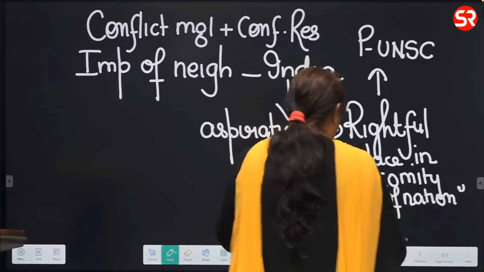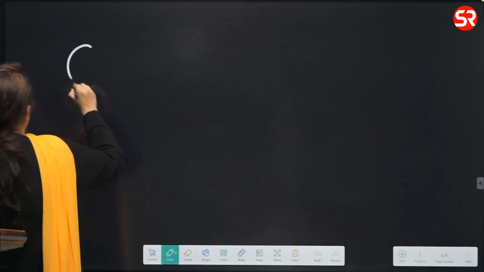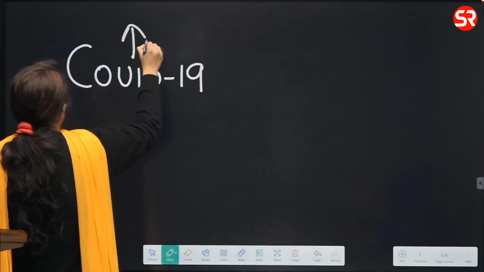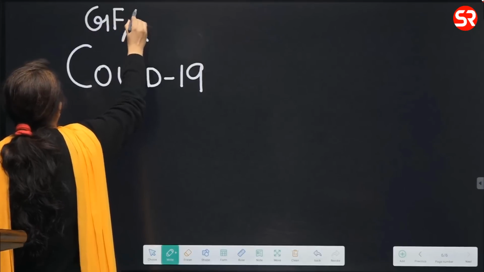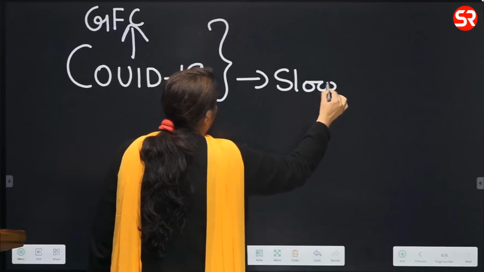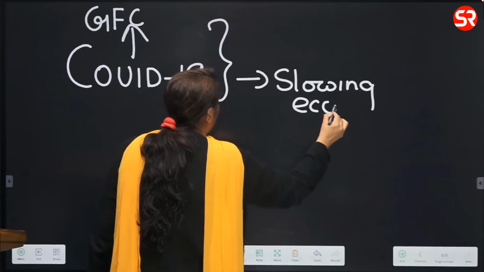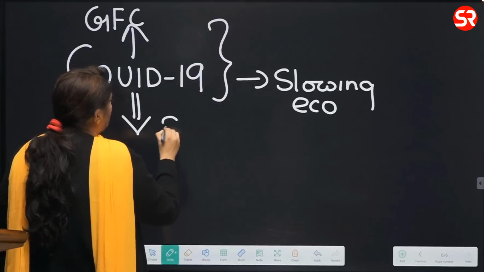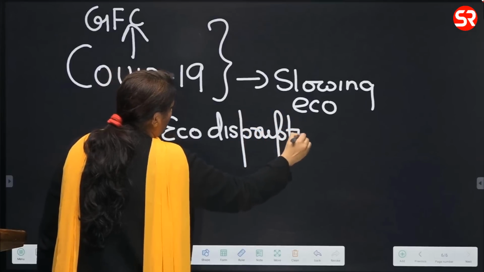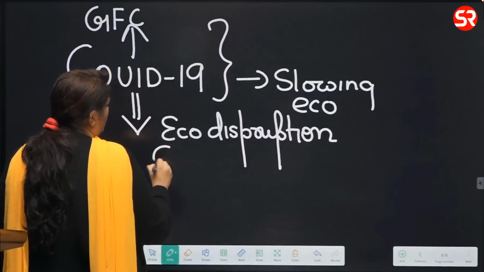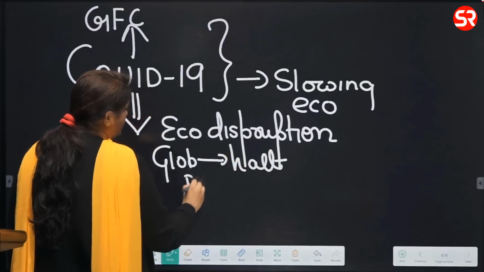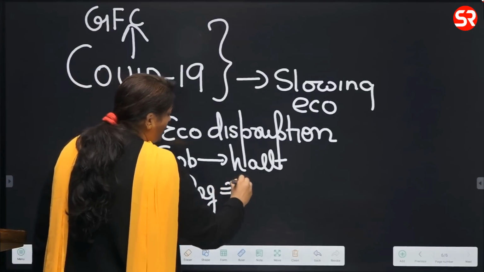And now, in the context of COVID-19, and even before, the global financial crisis, there is a slowing economy, and because of COVID there is economic disruption, and we see globalization coming to a halt and regionalization projected as the new globalization.